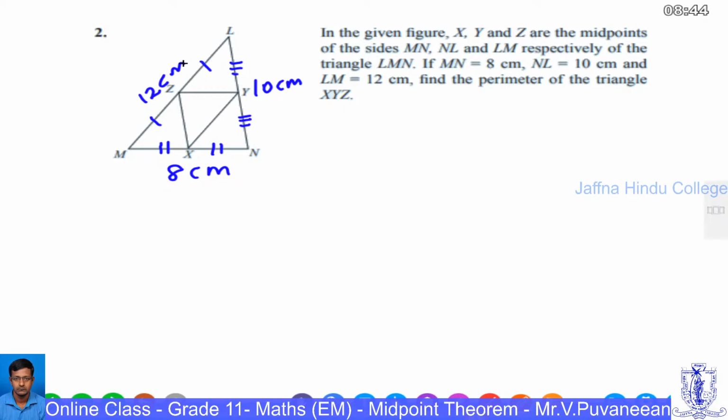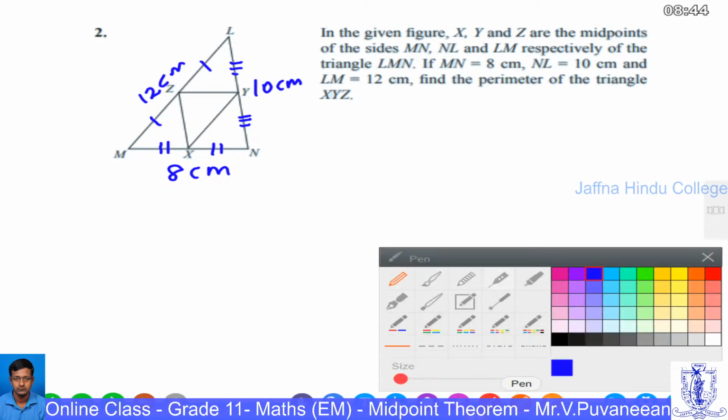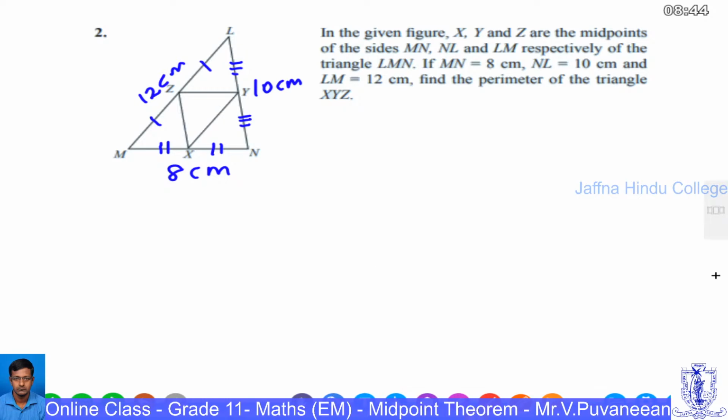So look at this. For the length ZY, according to the midpoint theorem, ZY equals half of the third side MN.